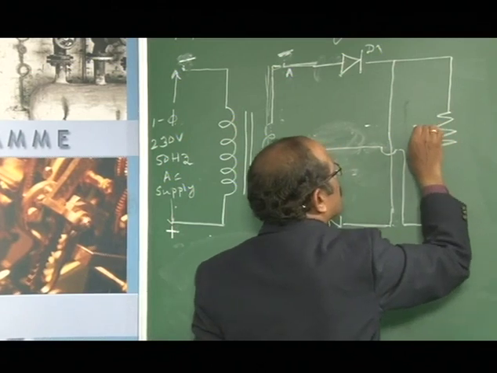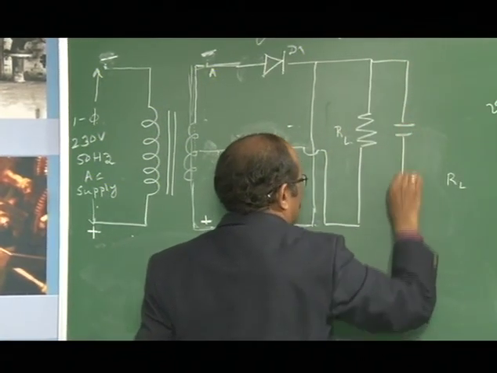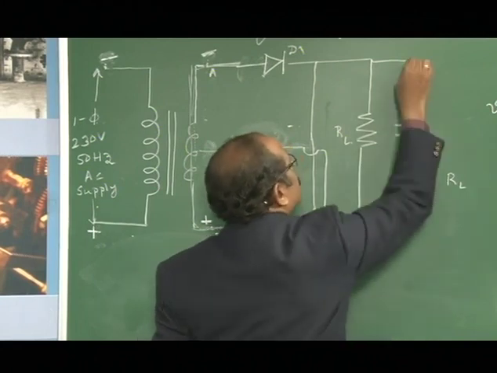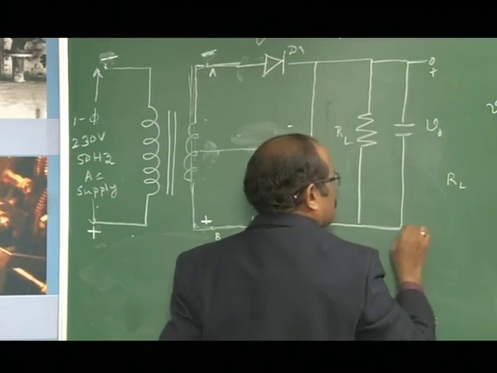This is your RL. Across this, we will connect a capacitor filter, and this will provide the output voltage V naught.